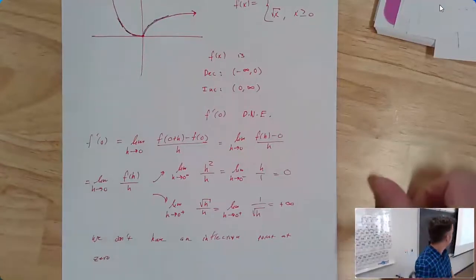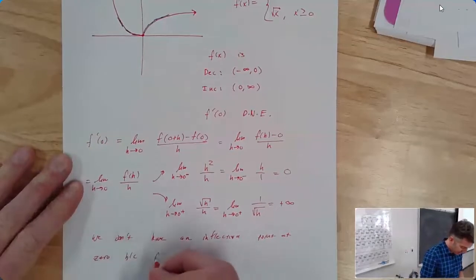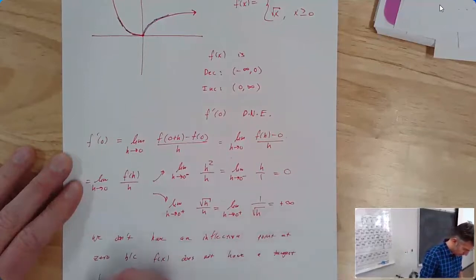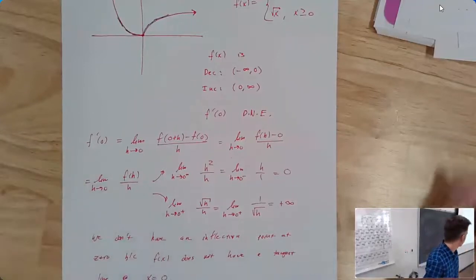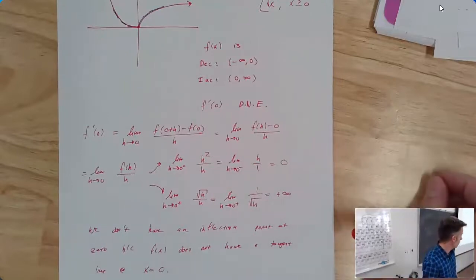I'm not going to say because the derivative doesn't exist here. I'm going to say because f of x does not have a tangent line at x equal to 0. And here's why we use this language specifically.